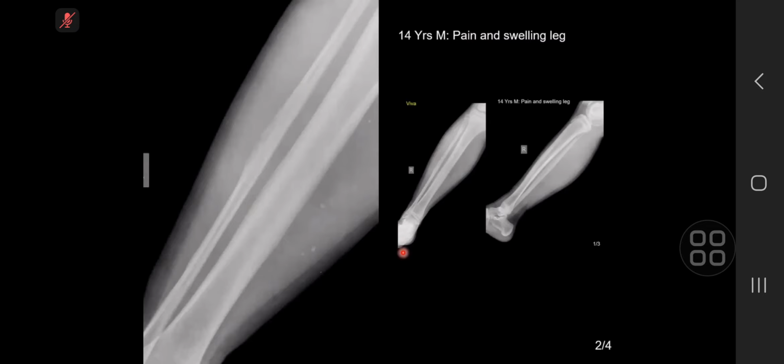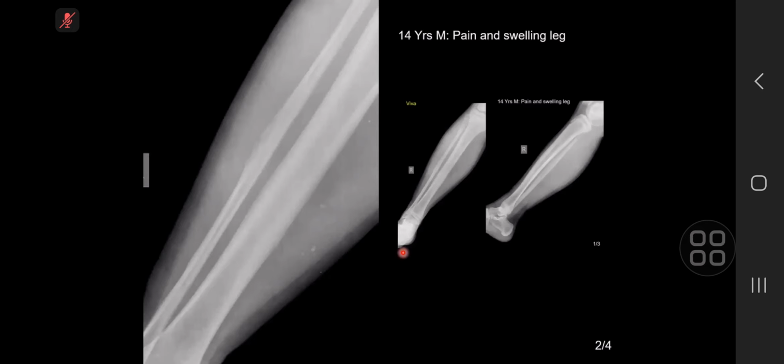If I compare with the soft tissue density of the surrounding distal leg, there may be a bit of soft tissue component, but it's very hard to say on this projection. But this is an aggressive lesion in the diaphysis of the fibula with cortical irregularity.